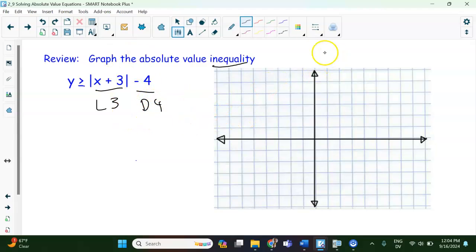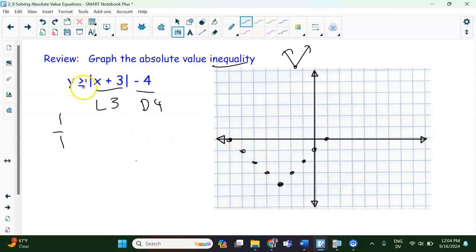And that sounds like a slope, but again, that's just where the V starts. So we're going to go left 3, down 4. There's the start of our V. And then from there, there's no number here, so our slope is just 1. So our slope is just 1-to-1, which is the normal one. So I'm going to draw a 1-to-1 slope in both directions.